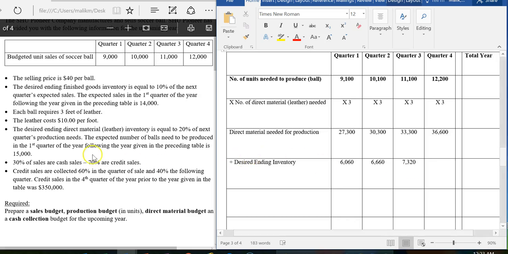And for the last quarter, we actually need to know the following quarter's production need. And it's actually given here. It says that the expected number of balls to be produced in the first quarter of the following year is 15,000. Now try to think of it. They actually want to produce 15,000 balls.